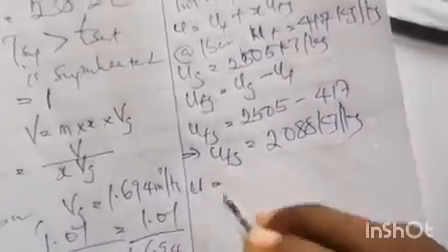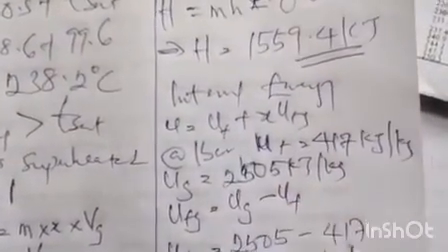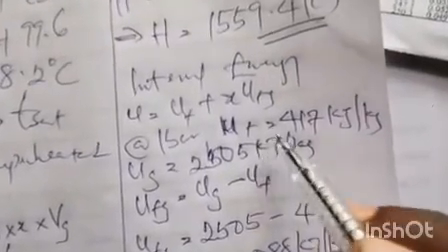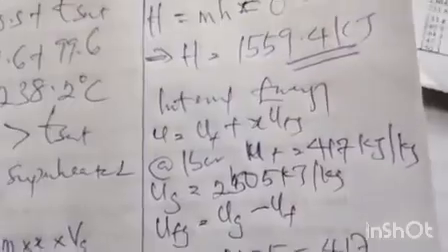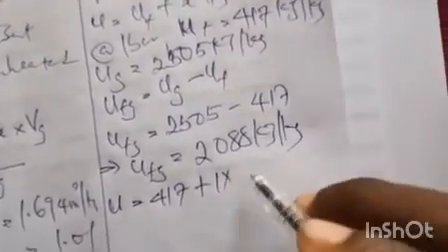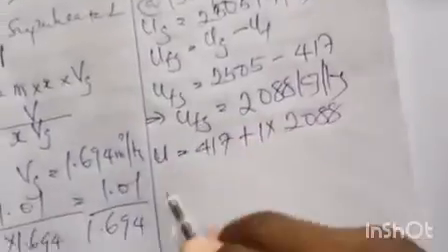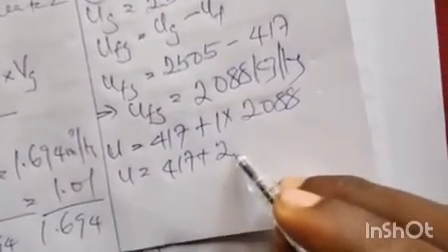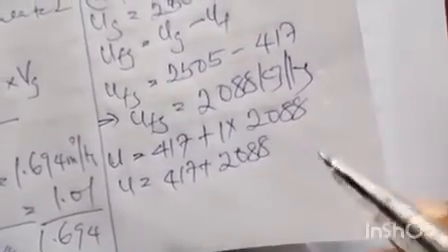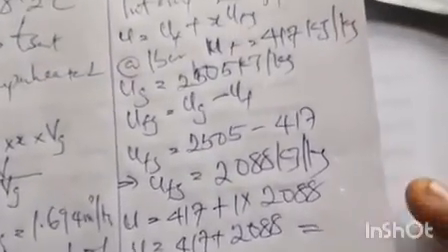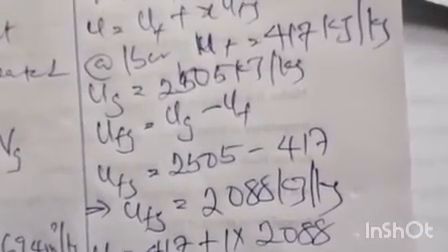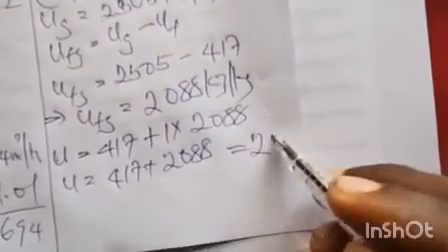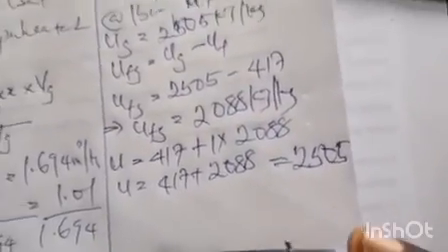Therefore, specific internal energy is UF, 417, plus X, the dryness fraction, 1, times UFG, 2088. That is 417 plus 2088, which is 2505.